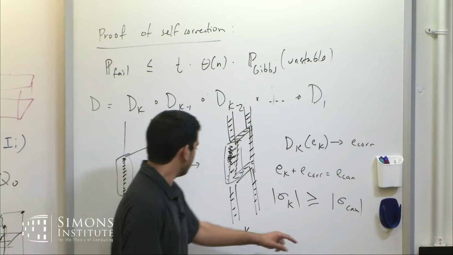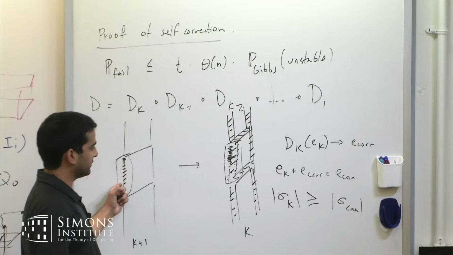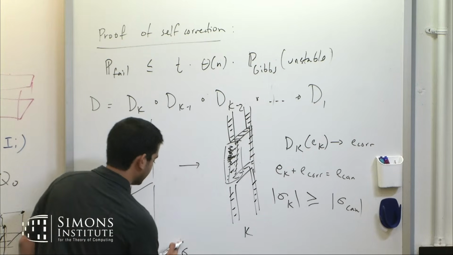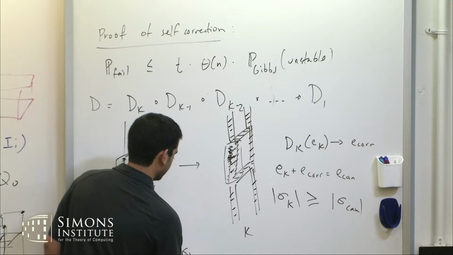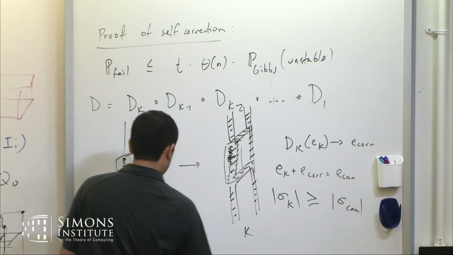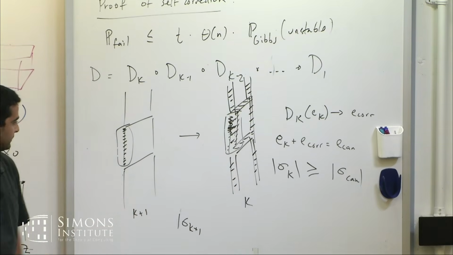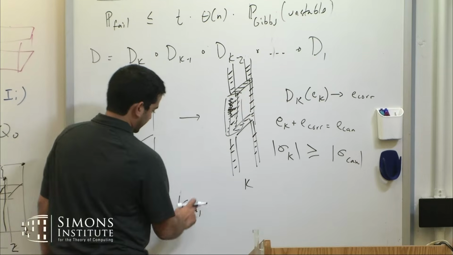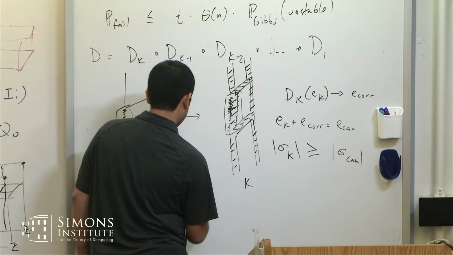So then, when I lift this back into an error here, called this syndrome configuration sigma_{k+1}, I'm going this way, the other way. Yeah, okay, fine. It doesn't matter. Okay, k minus 1 or k plus 1.